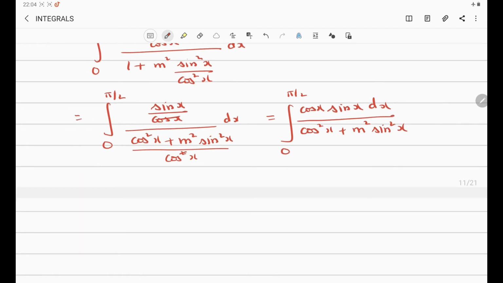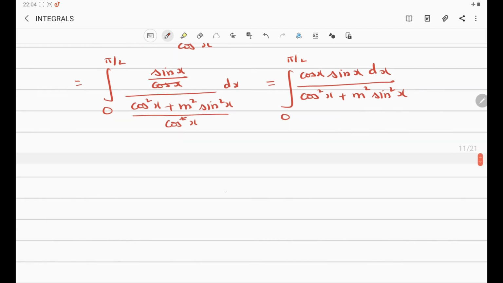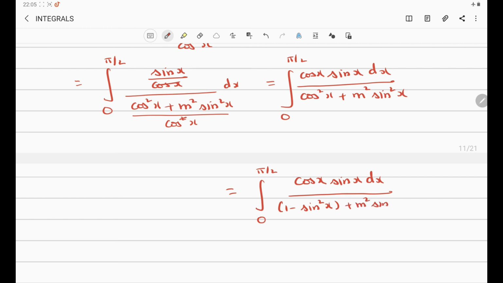So in the numerator, since we have sin x cos x, if we take sin square x as t, we are going to get 2 sin x cos x dx as dt. So we can take sin square x as t. For that reason, the cos square x term in the denominator is also written in terms of sin square x. So we write this as cos x sin x dx by 1 minus sin square x plus m square sin square x.